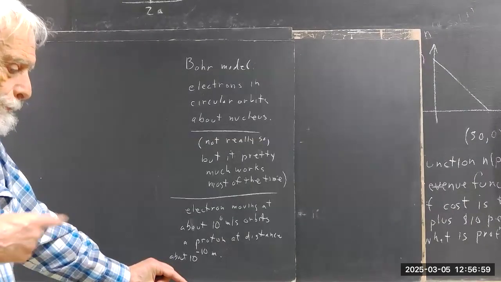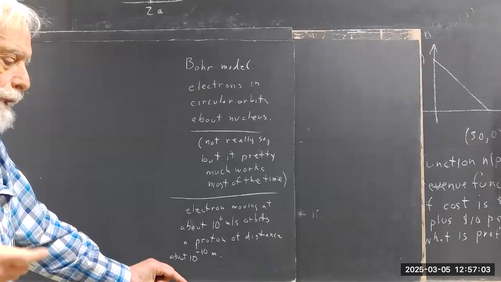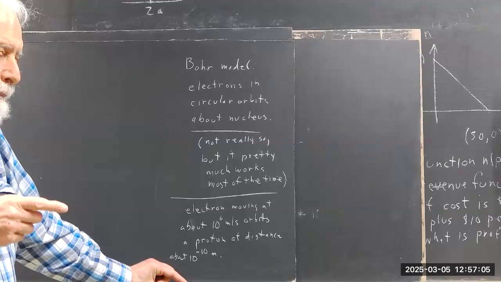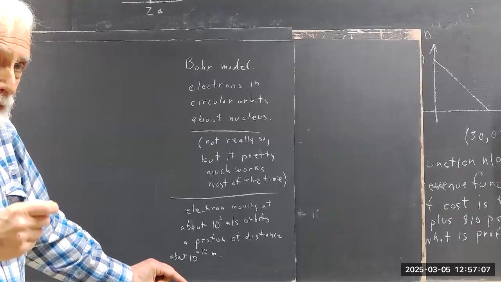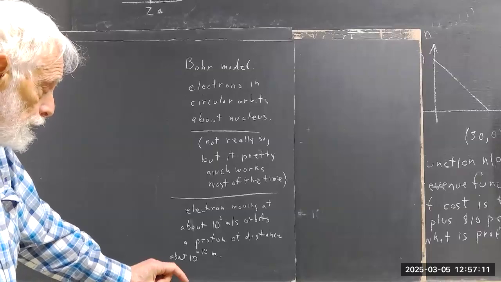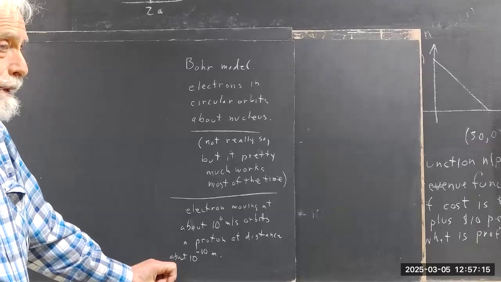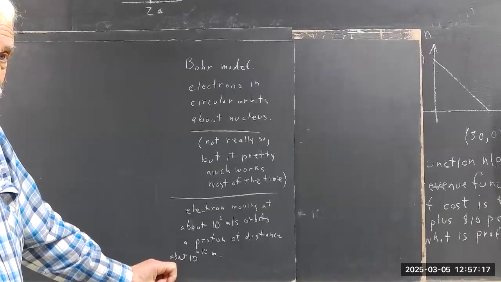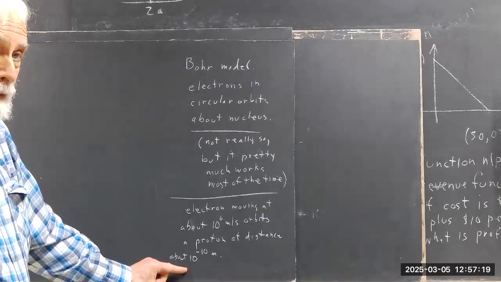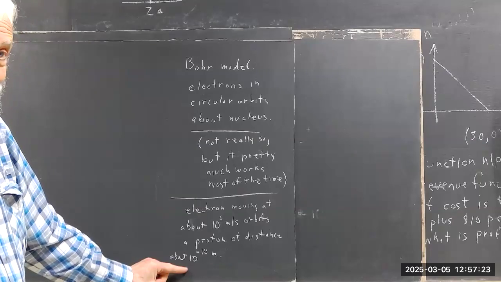Actually, in the ground state, the electron has a mean distance from the nucleus of about 0.529 angstroms. 10 to the negative 10th meters is an angstrom. It's a tenth of a nanometer.